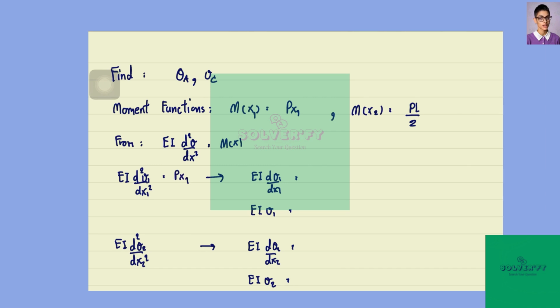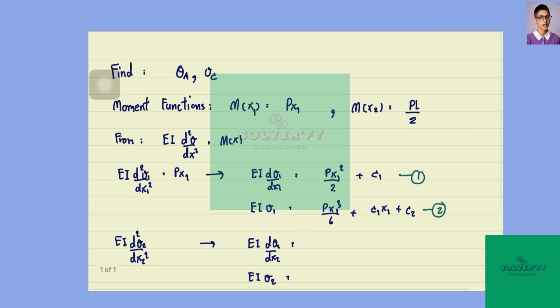If we integrate that, we have EI dv1/dx1 is P x1² divided by 2 plus C1, and if we integrate it further, we have EI v1 is P x1³ divided by 6 plus C1 x1 plus C2. I will call this equation 1, and this will be equation 2.